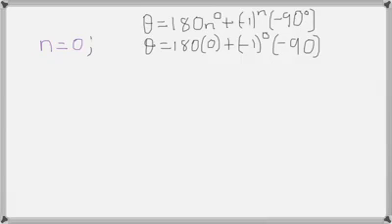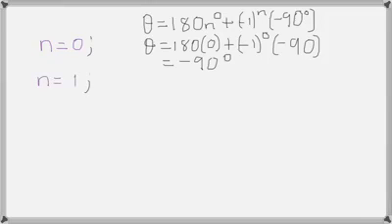What has happened here is this: we have replaced the n in the general solution by 0, and also the n which is the power of minus 1 by 0. So on simplifying, the first term becomes 0 and minus 1 to the power 0 is 1, which when multiplied by minus 90 will give us an answer of minus 90 degrees.